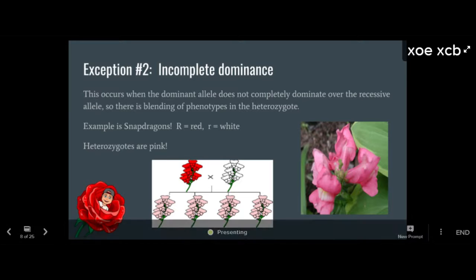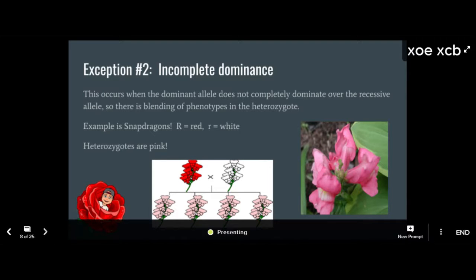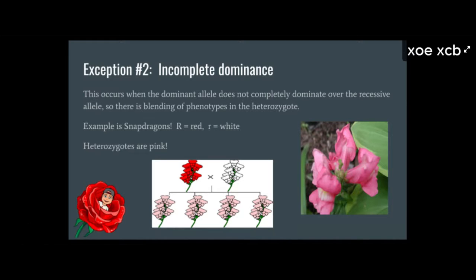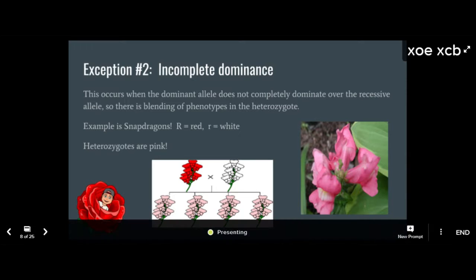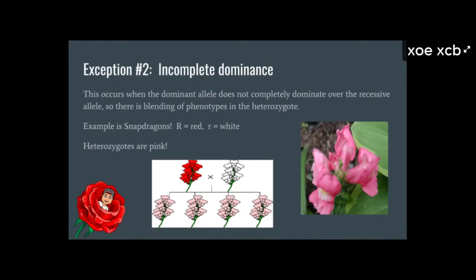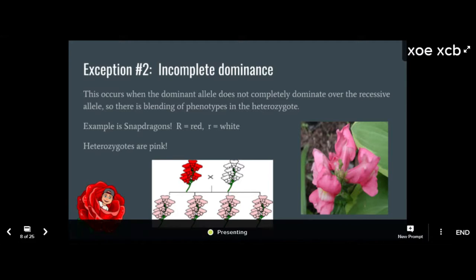Normally if you look at a heterozygous phenotype like big R, little r, you would think the big R is going to dominate, and that's going to be the phenotype, right? But with some organisms like the snapdragons, the big R, little r gives you a completely different color than either the big R or the little r, right? So that's what you're overlaying here.